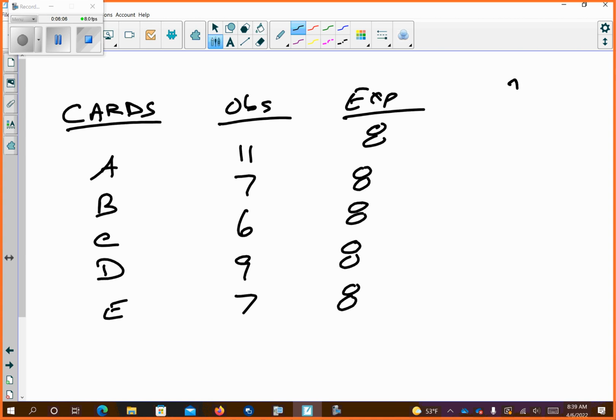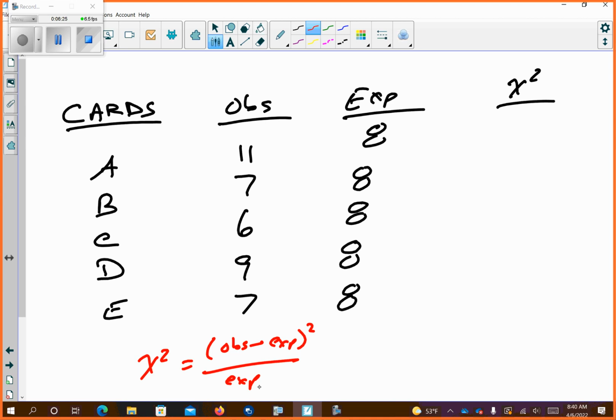So the chi-squared is going back to that equation we just said. It's this. If you have a calculator, this would be helpful. Observed minus expected, quantity squared, divided by expected. Okay?